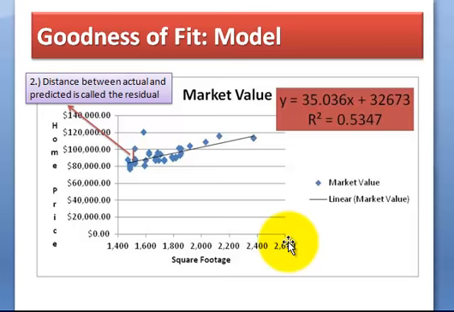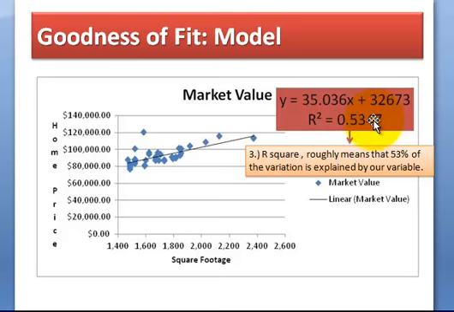The larger the residual, obviously the worse our model. Makes common sense. Luckily, Excel does all that math for us, calculates all the residual differences and comes up with what's called an r squared, which roughly means, as I said earlier, that 53% of the variance is explained by our variable.